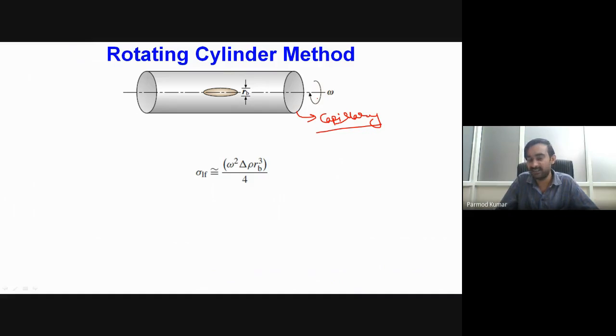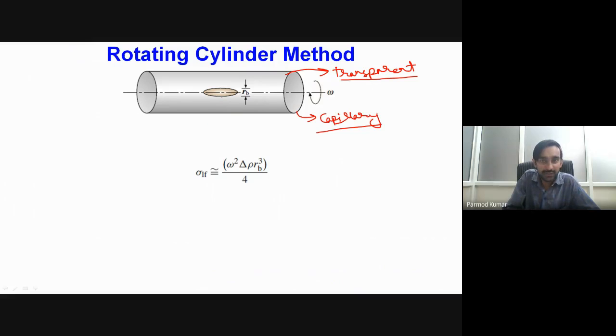Okay, so here we have to consider one important point: we have to consider a transparent capillary. Why a transparent capillary? Because ultimately, whatever shape this bubble is taking, we have to determine its dimensions. Generally the bubble elongates in the axial direction and compresses in the radial direction.